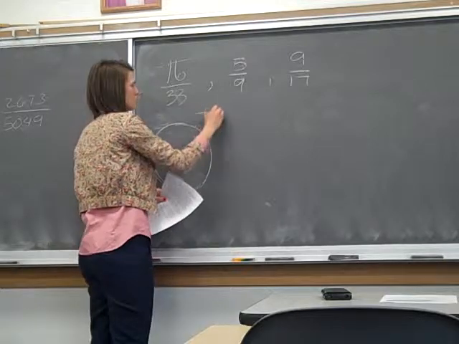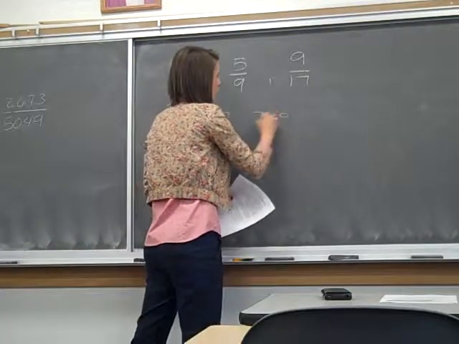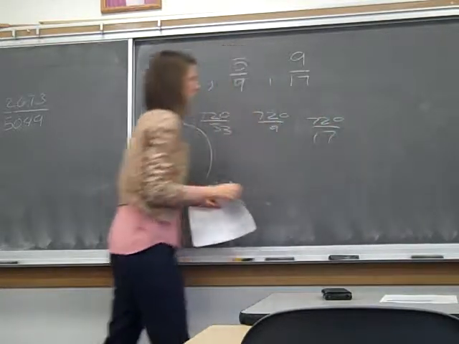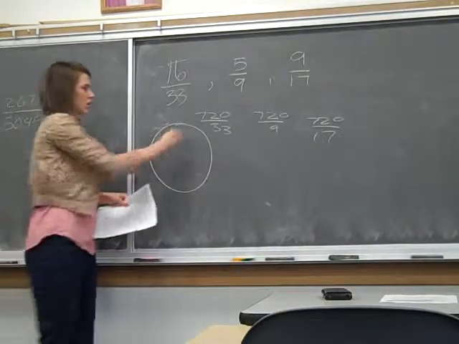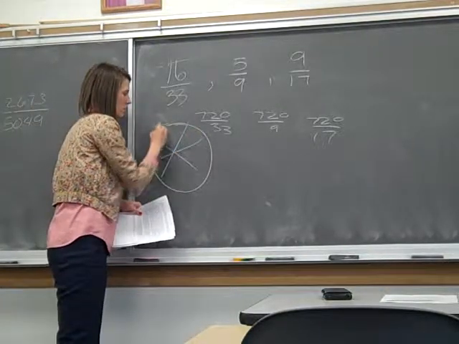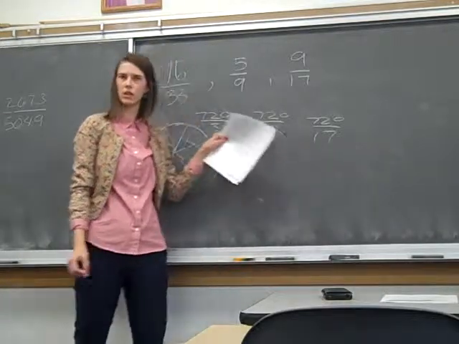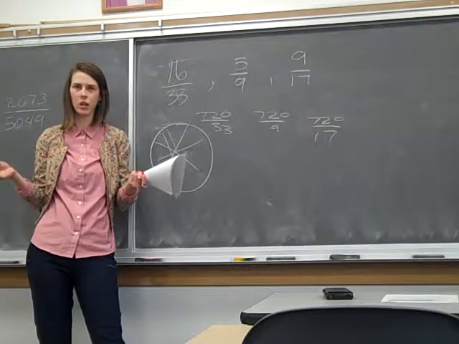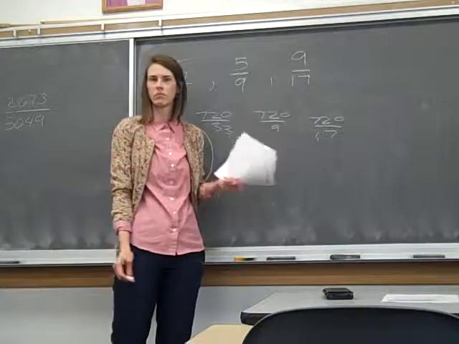Okay, so we have 720 over 33, 720 over 9, and 720 over 17. Okay, it's a little bit easier now to see which one is bigger, even though this is divided into 33 parts, this is divided into 9. You can look at it visually in that way as well. Does that make a little bit of sense? It's not the most natural way to do it in my head, but it may be in yours. Okay?